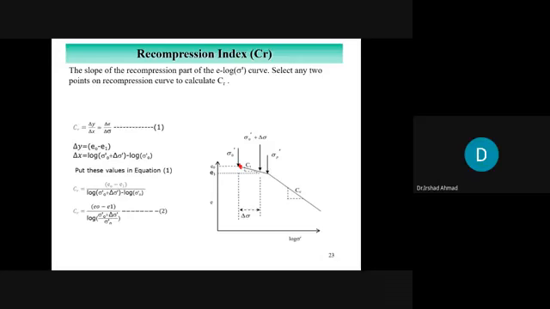The only difference is you select 2 points on the recompression curve instead of on the compression curve, and use the same equation. But now e naught and e1 and sigma naught and delta sigma correspond to the stresses and void ratios selected on the recompression curve.